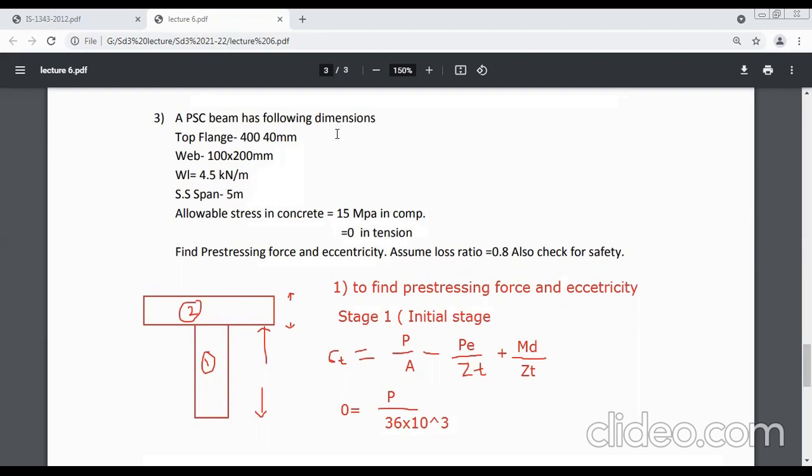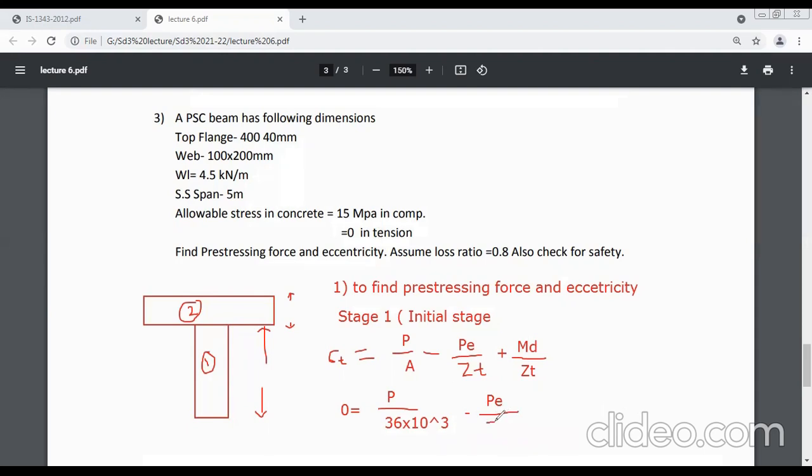Then minus PE, also unknown, divided by ZT. We need to find ZT here.